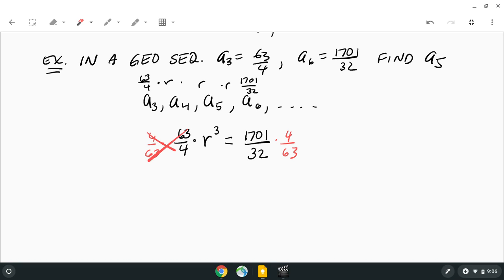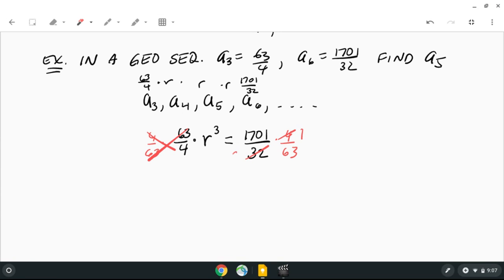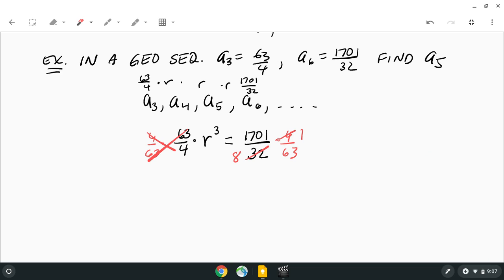Here, if you have a calculator, great. If not, let's just do this by hand. 4 goes there once, 4 goes here 8. And here 63. This is divisible by 9, and I know that because if I add up the digits, 1 plus 7 plus 0 plus 1, I get 9. If the sum of the digits is divisible by 9, then the number is divisible by 9.